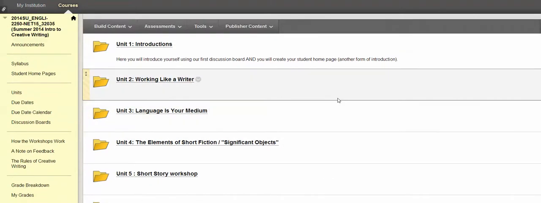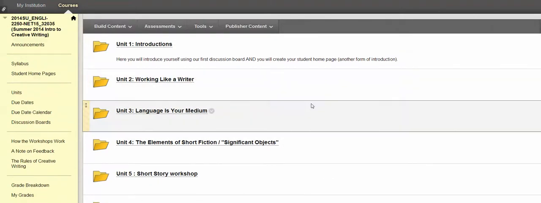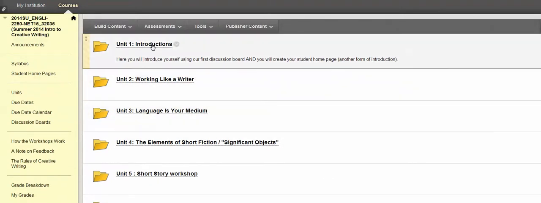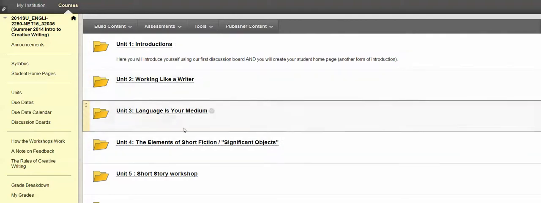So what you'll probably notice here is that our course is set up where we've obviously done some introductions, and we spend the first couple of units here, 2, 3, 4, really thinking in fairly broad terms about working like a writer, or having that sort of mindset.